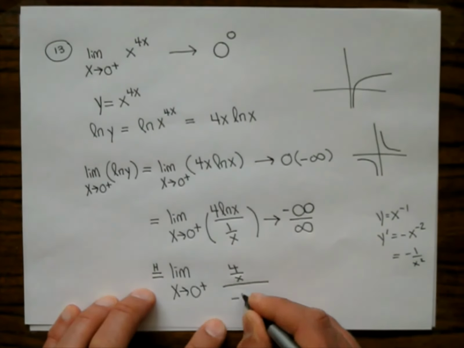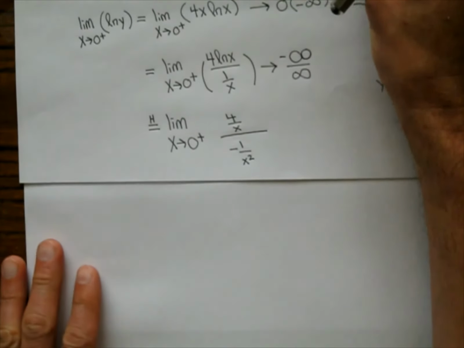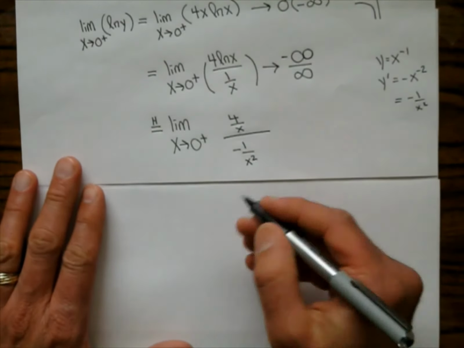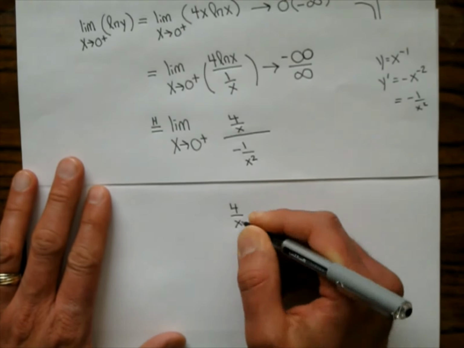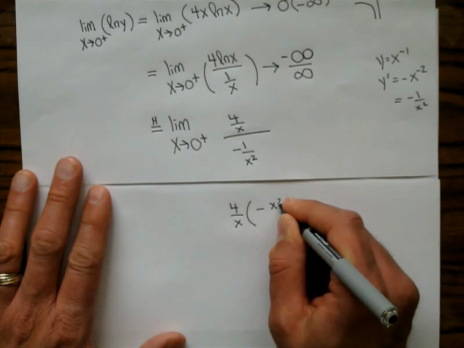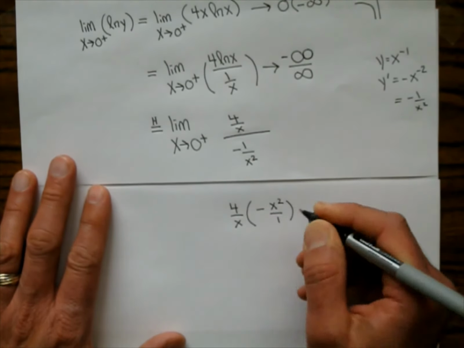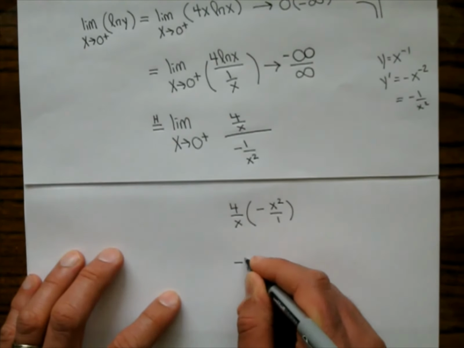So this is negative 1 over x squared. We'll continue on another piece of paper here. I'm going to do a copy dot flip, and when I do that, I end up getting 4 over x times a negative x squared over 1, which is going to give me a negative 4x.